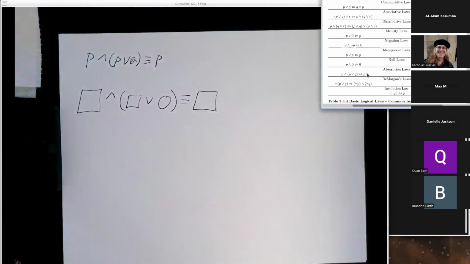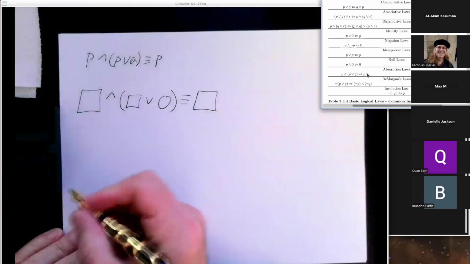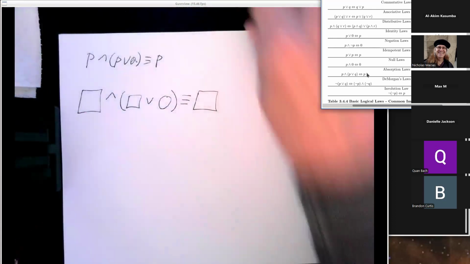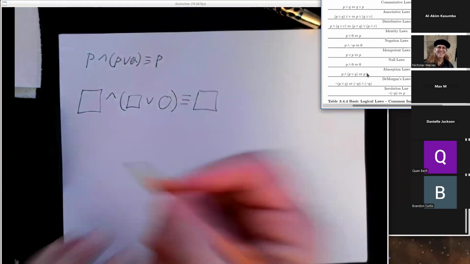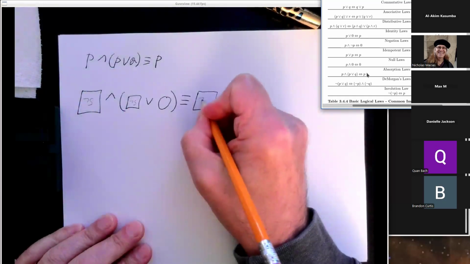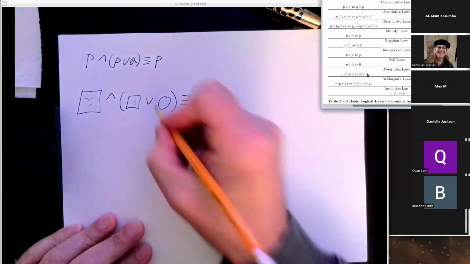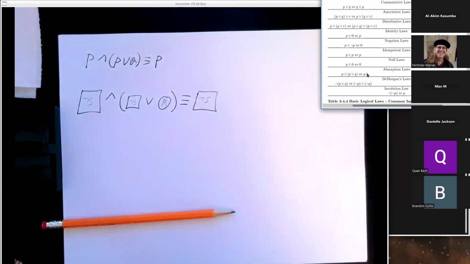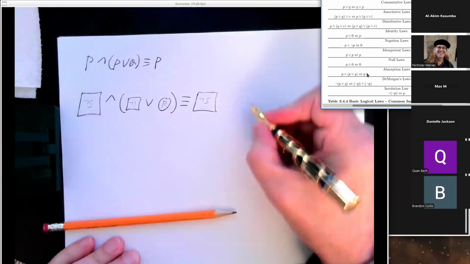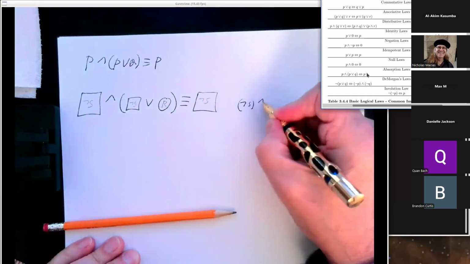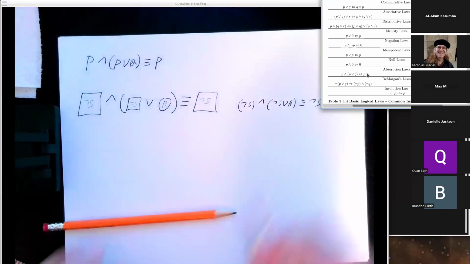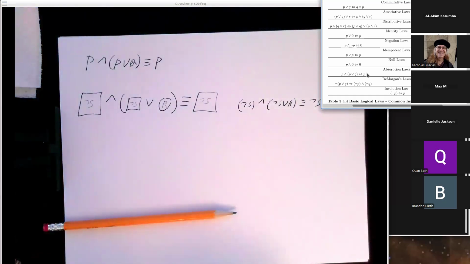For example, from here, I could fill in the box with, let me do this in pencil, not S. And I could fill in the circle with R. And now this tells me not S ANDed with (not S or R) is logically equivalent to not S. That's just the absorption law.